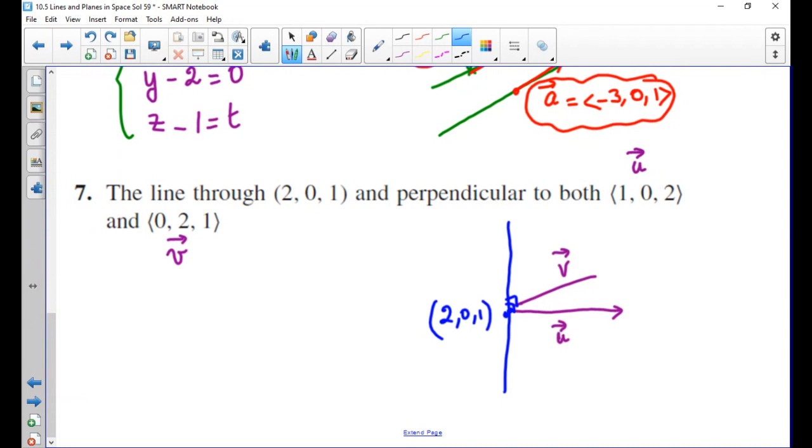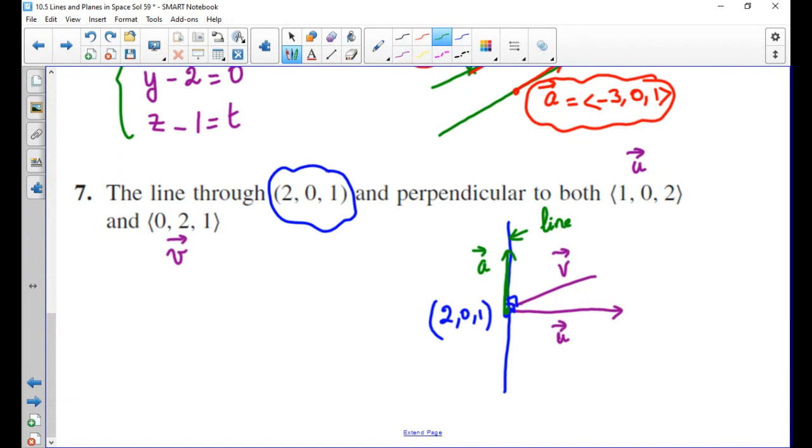Now, what is missing here again? We have a point, yes? So what is missing is a vector in the direction of the line. So we need to find a vector A on this line. How can we get the vector A? The cross product, yes.